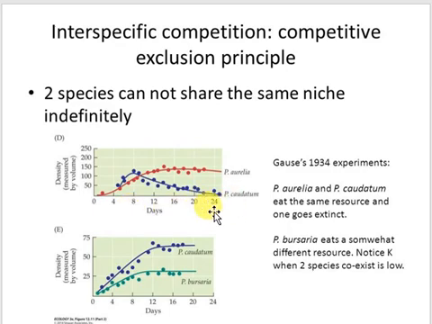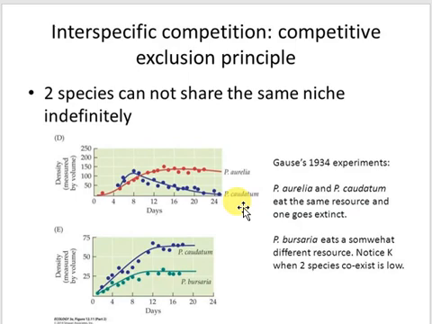P. caudatum was the one to die out. That's because both of these species eat a very similar resource, so they occupy almost the same niche. Because of that, you get the competitive exclusion principle in effect, where one species will dominate and outcompete the other, and that other species will die out.